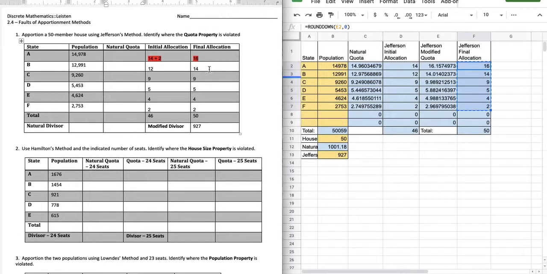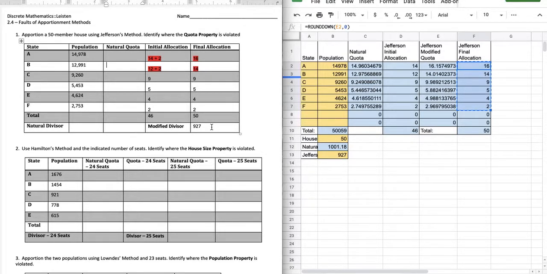That is a violation of the quota property. 12 to 14, they also gained 2. So that was at 12, it gained 2, it's now up to 14. 9 went to 9, 5 stayed at 5, 4 went to 4, and 2 went to 2. So there were 4 seats to give out. Those 4 went to only 2 different states. That is our violation of the quota property. So that's what I'm asking you to find in there.